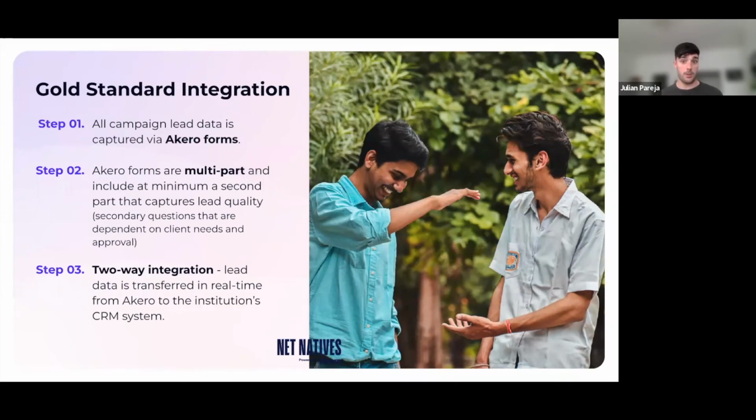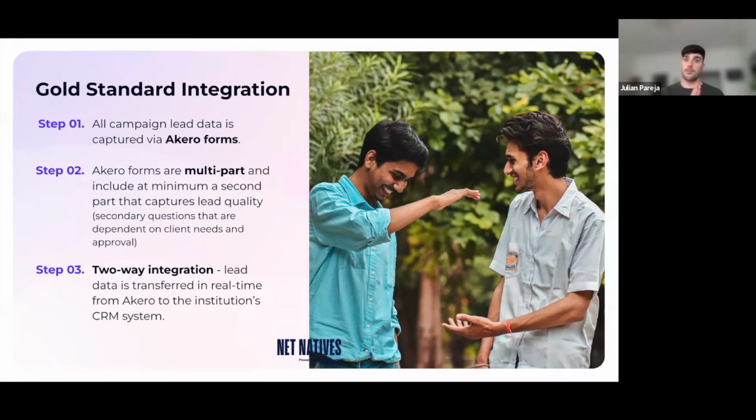Those are the sort of questions that if you had in the first part of your form can potentially cause form abandonment. But because you're splitting your form into two parts, if leads only submit part one, you're still gathering that information. If leads go on to submit part two, it allows you to have more information without affecting that form completion rate. And that's why this is a really important step in our gold standard integration.